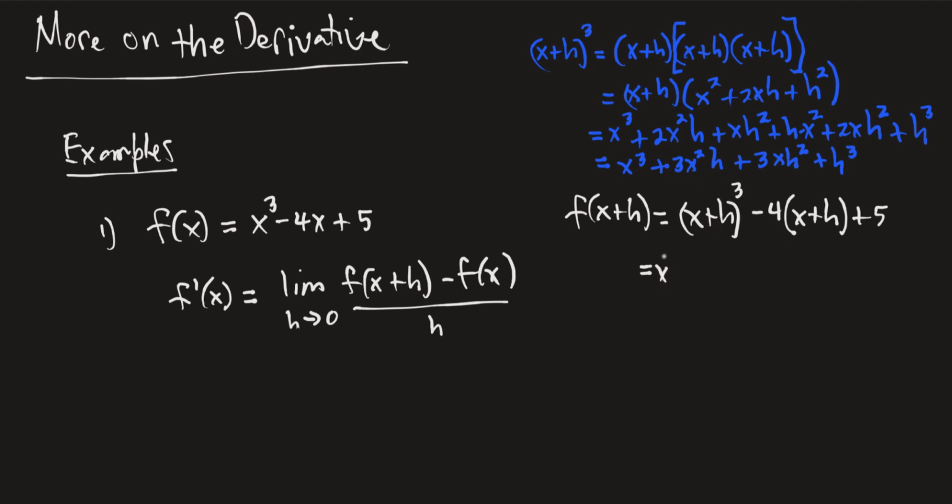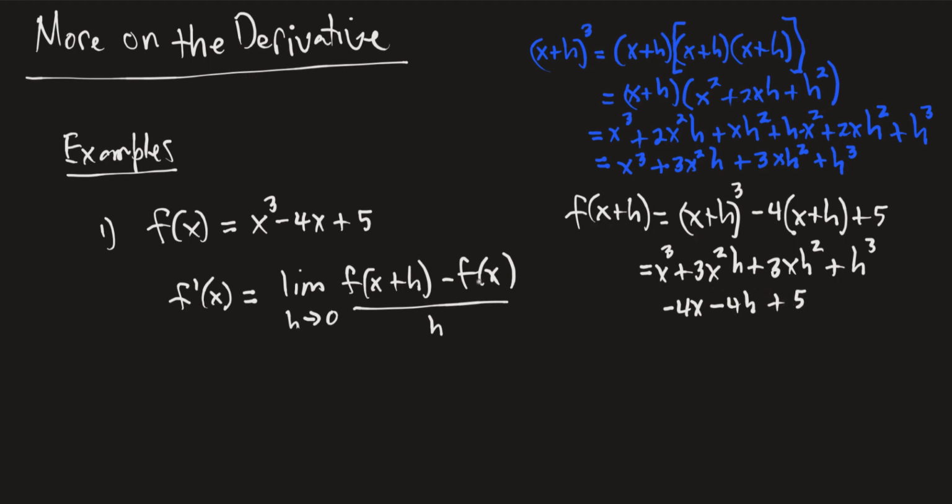So I'll have x cubed plus 3x squared h plus 3xh squared plus h cubed. And then when I distribute the -4, I'll get a minus 4x minus 4h, and then finally a plus 5, right?